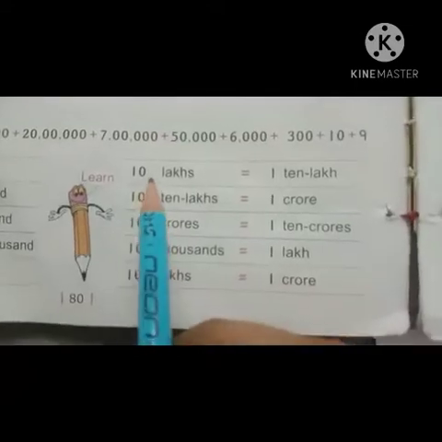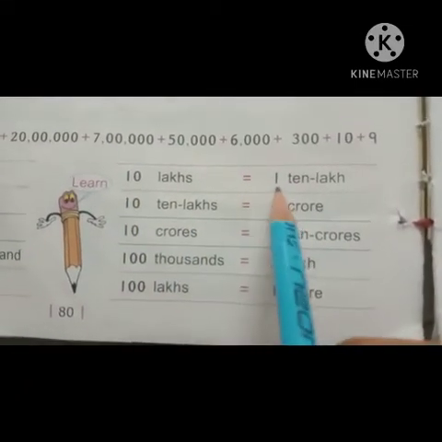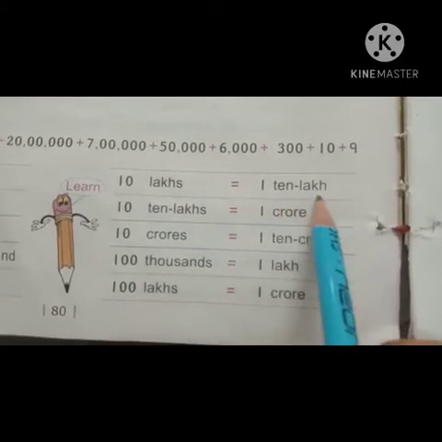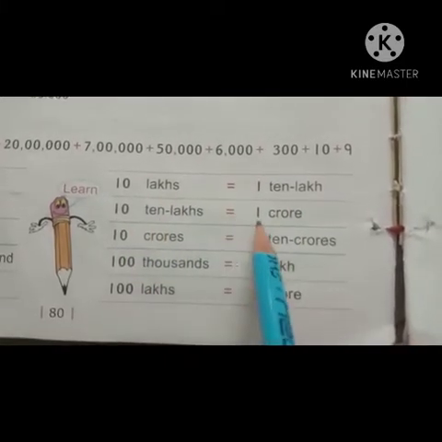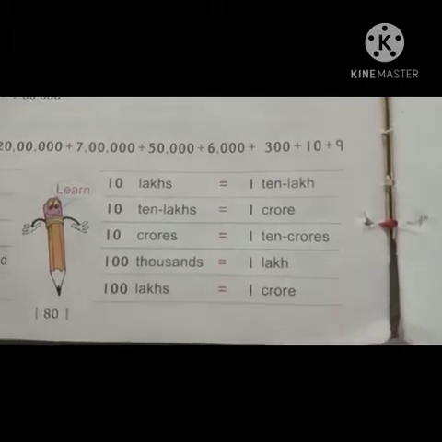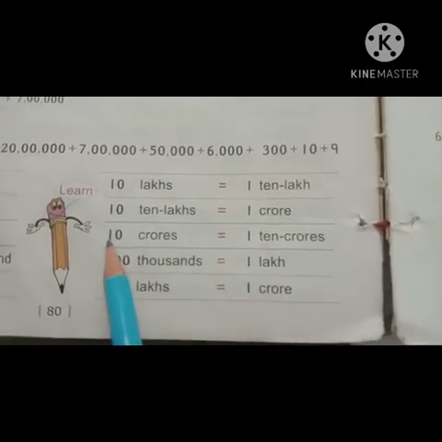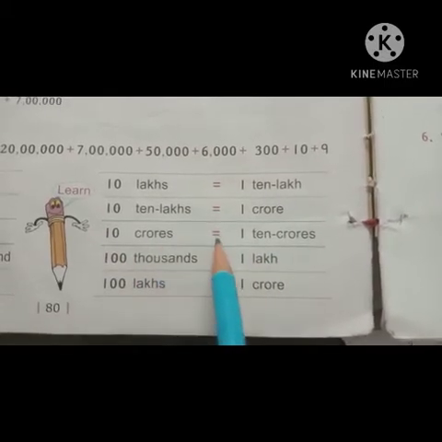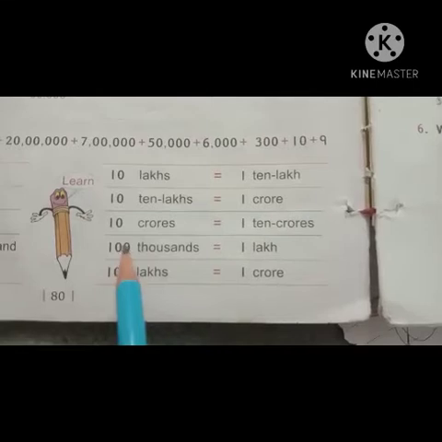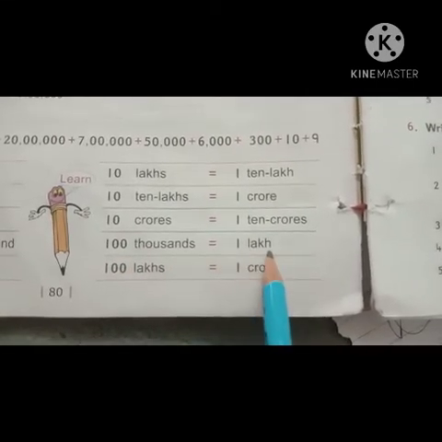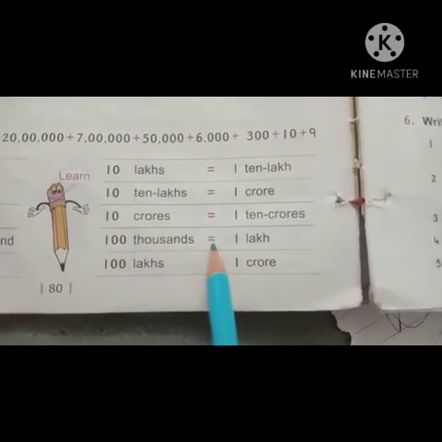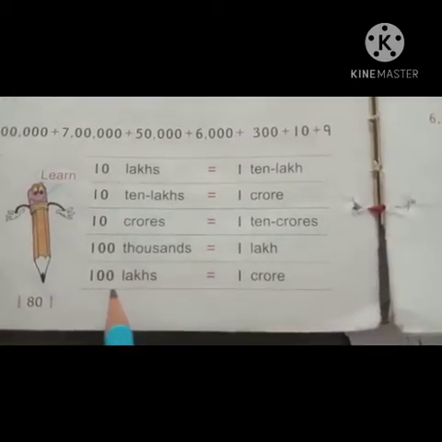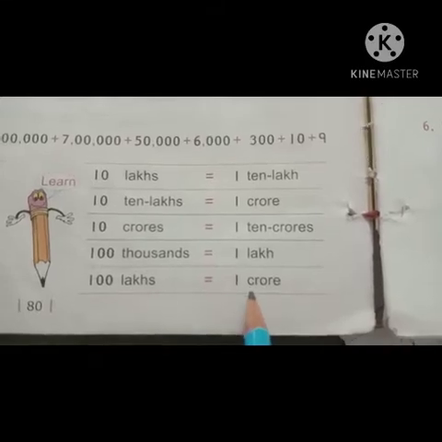Okay, see here. 10 lakhs equals 10 lakhs... 10 lakhs equals 1 crore. 10 crores equals 10 crores. 100 thousands equals 1 lakh. 100 lakhs equals 1 crore.